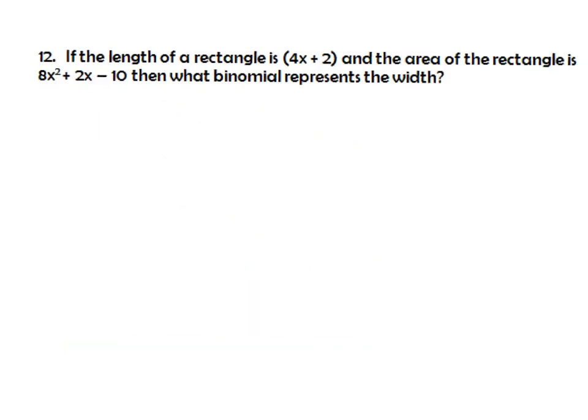Number 12. If the length of a rectangle is 4x plus 2, and the area of the rectangle is 8x squared plus 2x minus 10, then what binomial represents the width? Okay, so we know that one of the sides, the length, is 4x plus 2.